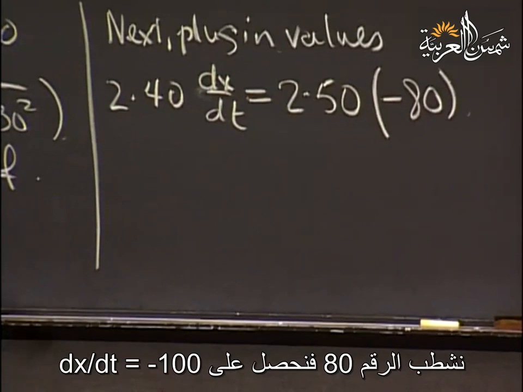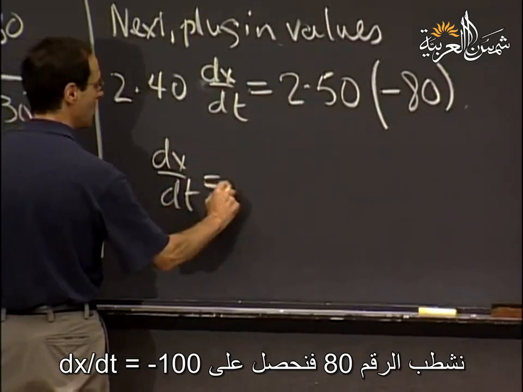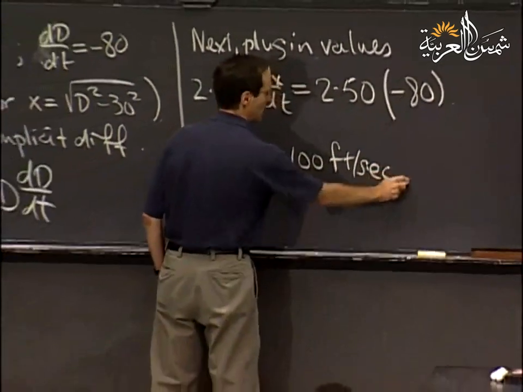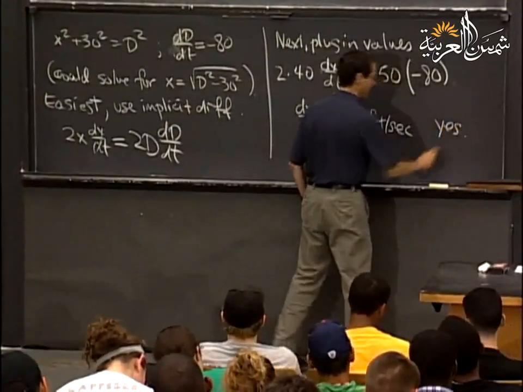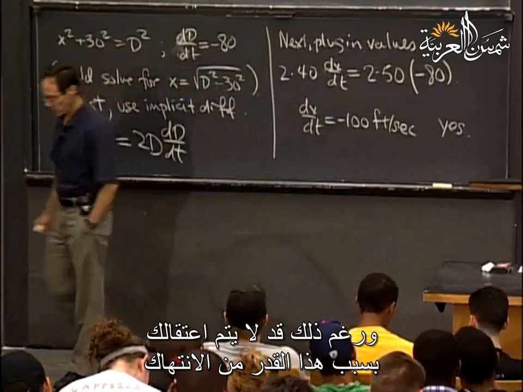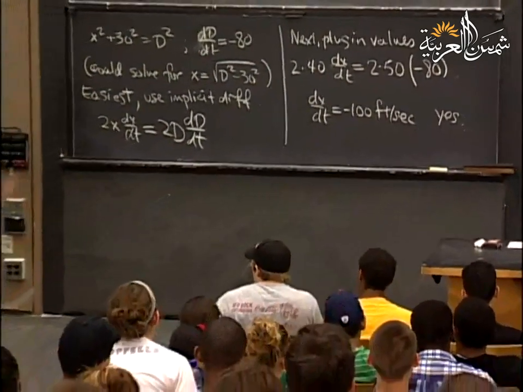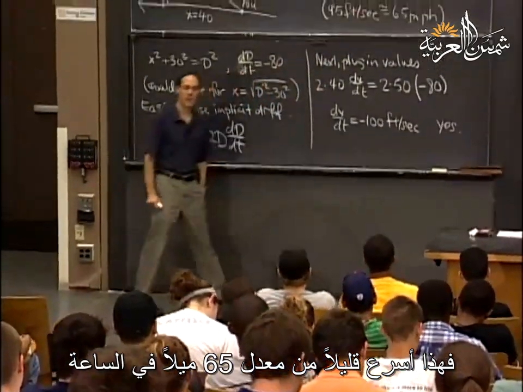So the 80s cancel, and we see that dx/dt is equal to minus 100 feet per second. And so the answer to the question is yes. Although he probably wouldn't be pulled over for this much of a violation. It's more than 65 miles an hour by a little bit.